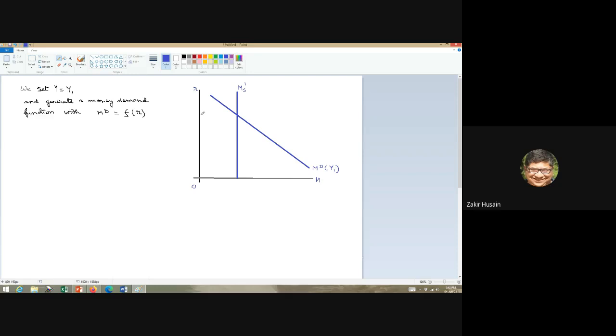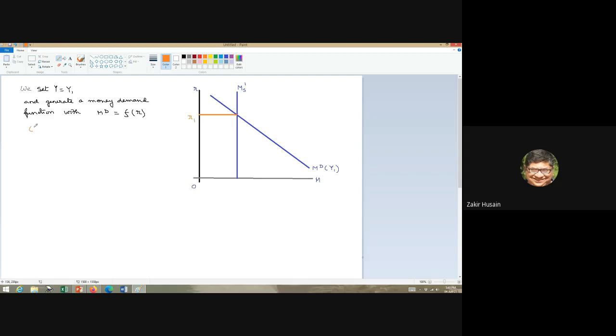We can see over here that the rate of interest is given by, let us say, R1.